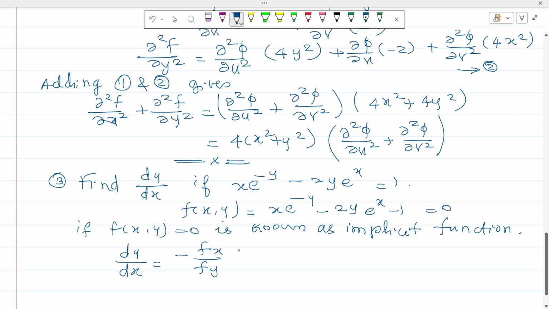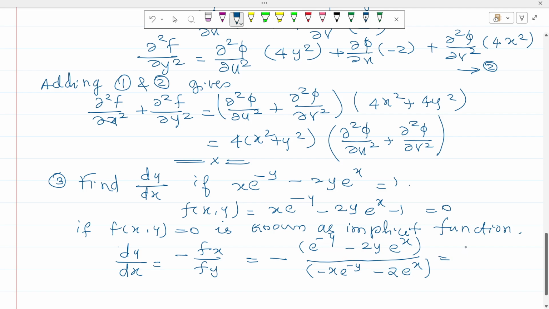So therefore, if you differentiate this f(x,y) with respect to x, minus you put here e^(−y) − 2y e^x divided by, if you differentiate with respect to y, x is a constant, keep it, then e^(−y) is minus of x e^(−y) − 2 e^x.